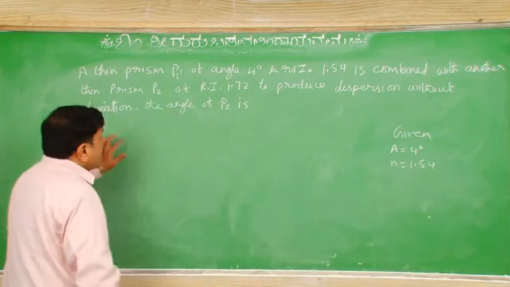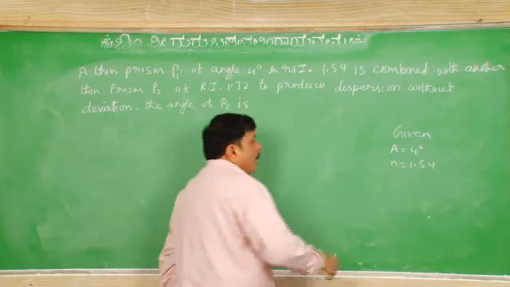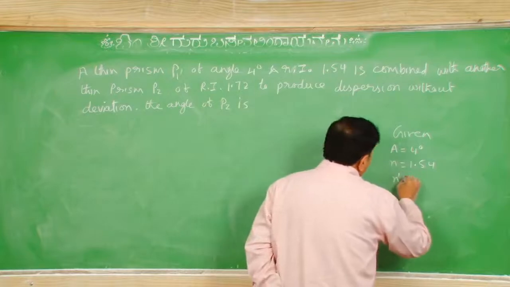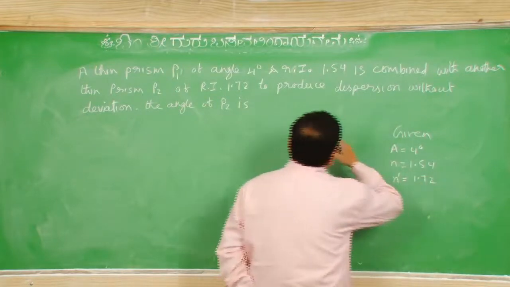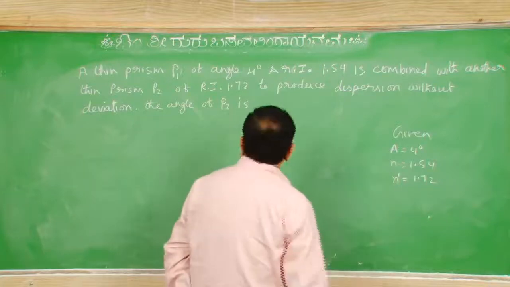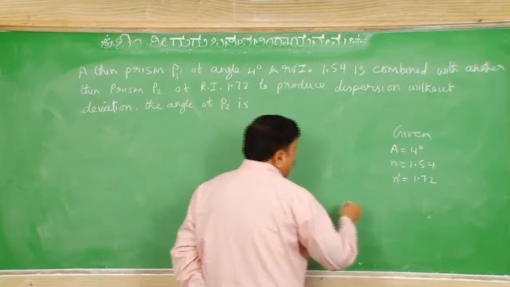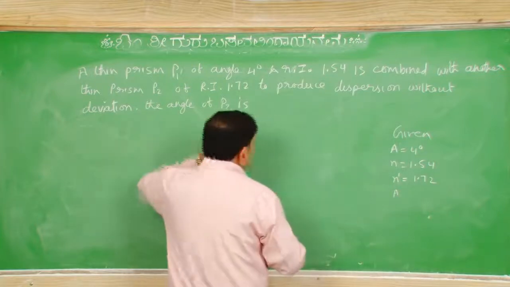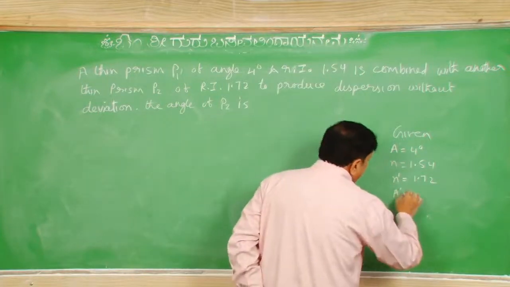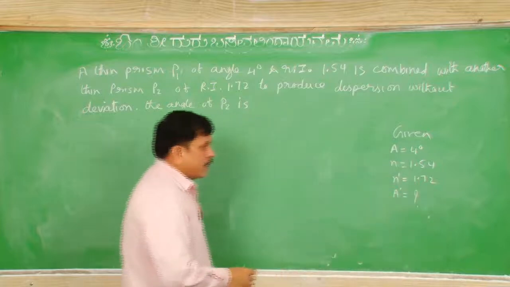Combined with another prism P2 of refractive index N dash equal to 1.72, to produce dispersion without deviation. The angle of the second prism is asked.